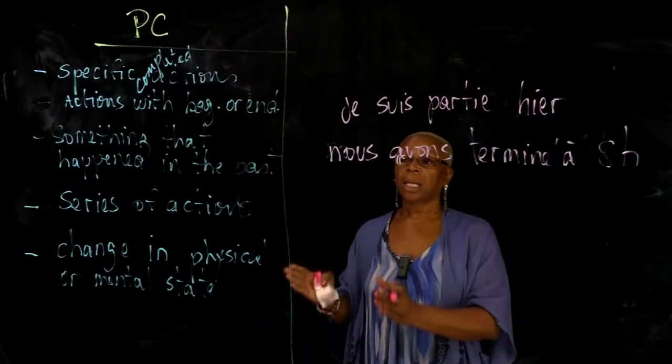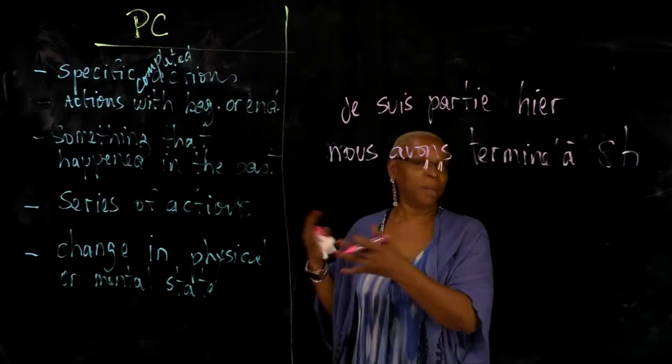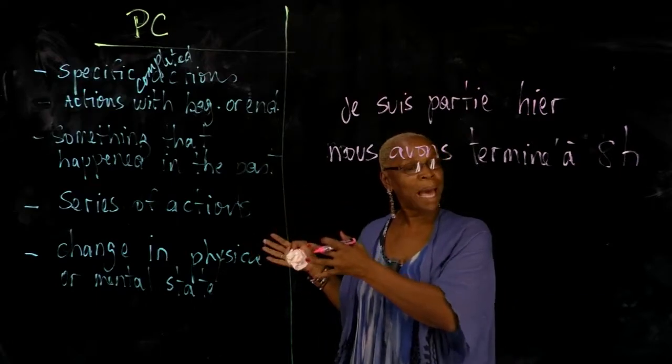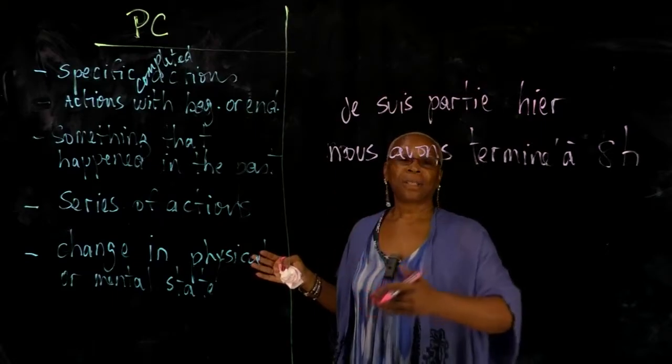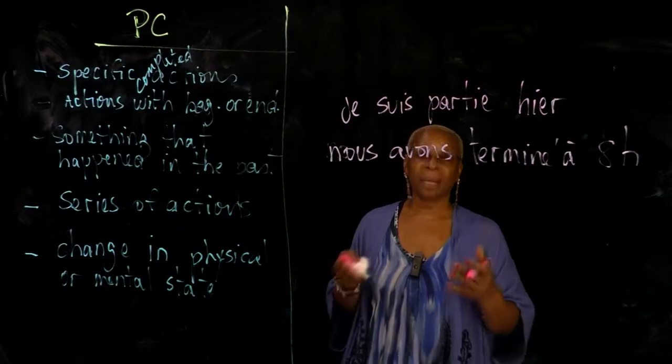This is what we call a series of actions, things that happened in the past, could be like this morning, but it still happened in the past, one after the other. So for these cases, we're going to use a passé composé.